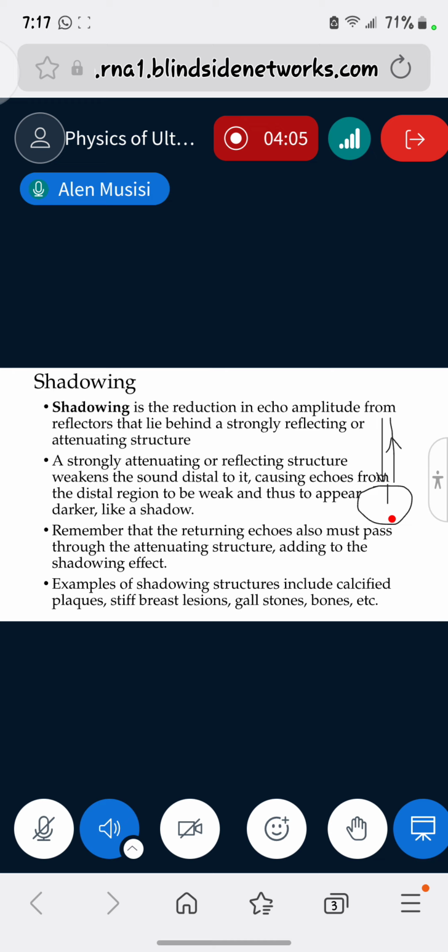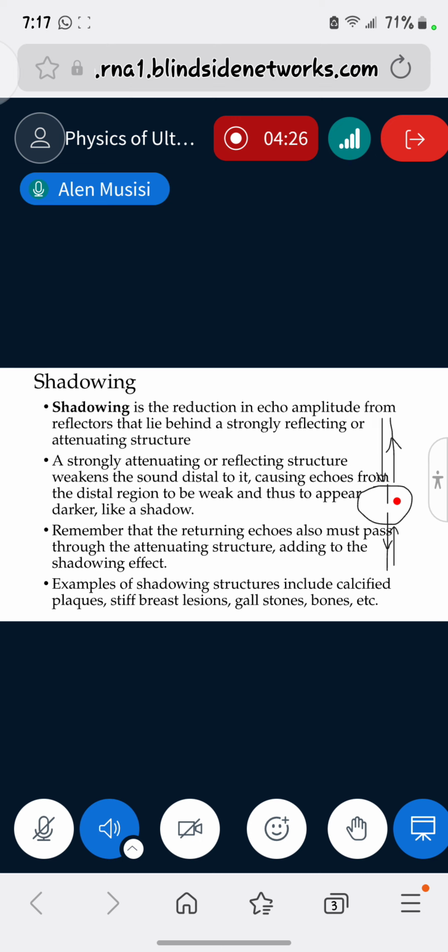And even if there is something that is left to interrogate the structures below, remember the structures below, they also have to create echoes which have to come back. But remember, these echoes must also go through this high attenuating structure, weakening them even more.